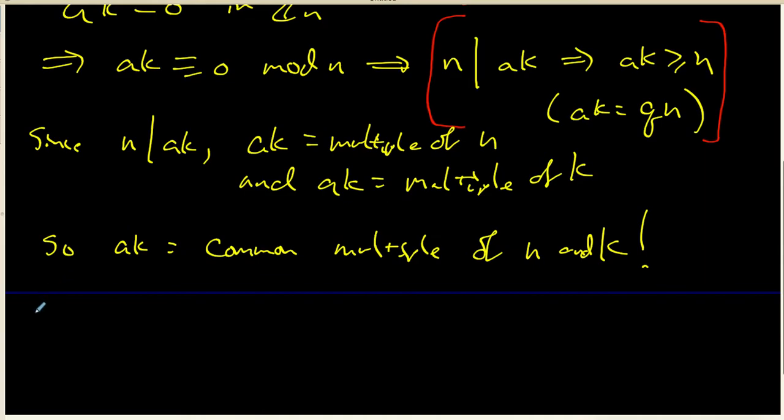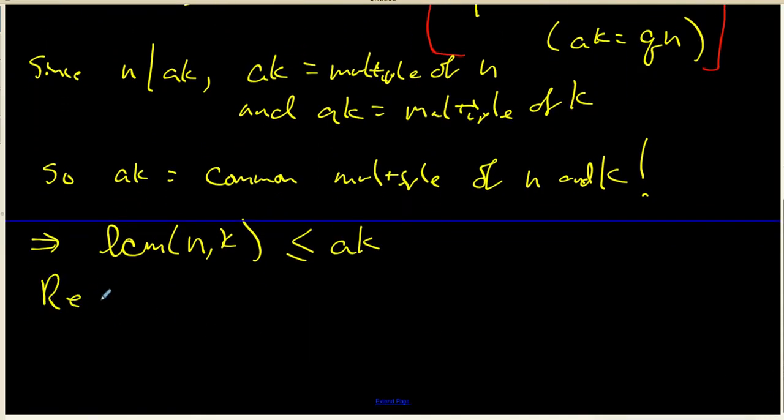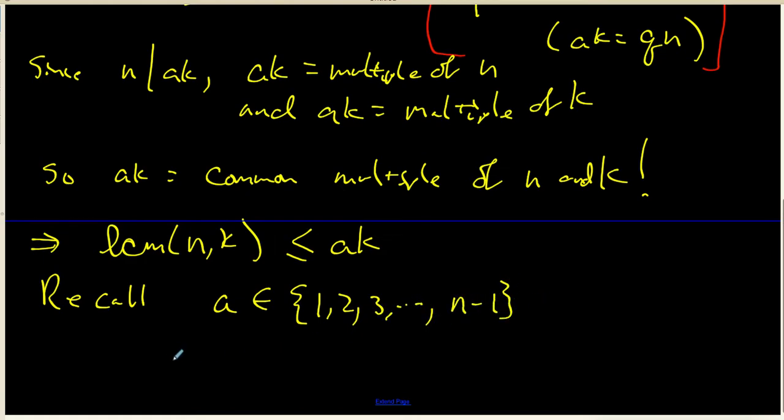And what that means is that the least common multiple of n and k can't be any bigger than ak. And I want you to think about that for just a minute. We're going to recall that a has to be in the set 1, 2, 3, all the way up to n minus 1, since a is inside Zn, and I know that a is not the 0 inside Zn.